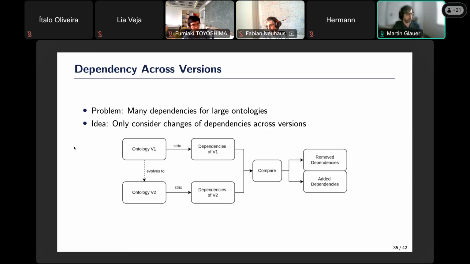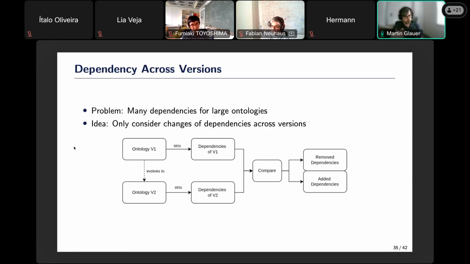So here's an example. Consider we have two versions of the same ontology, version 1 and version 2. We derive the dependencies using our Strix tool for both ontologies, and then compare them, meaning that we check which dependencies have been removed and which have been added. And this gives us a notion of what happened during this development.